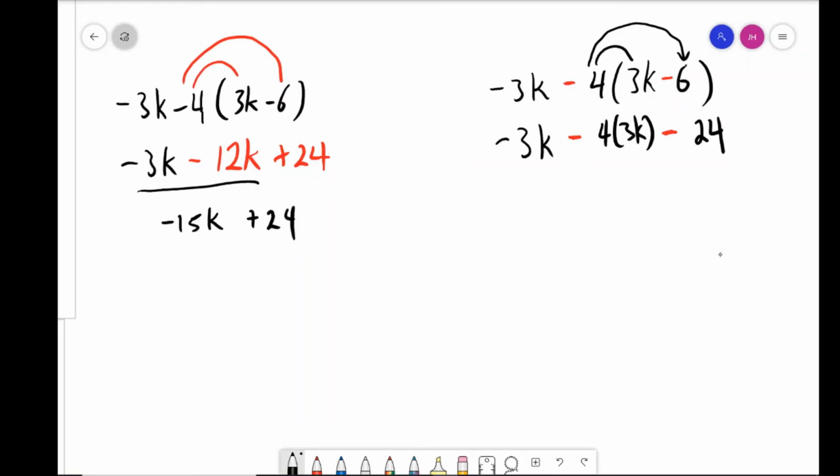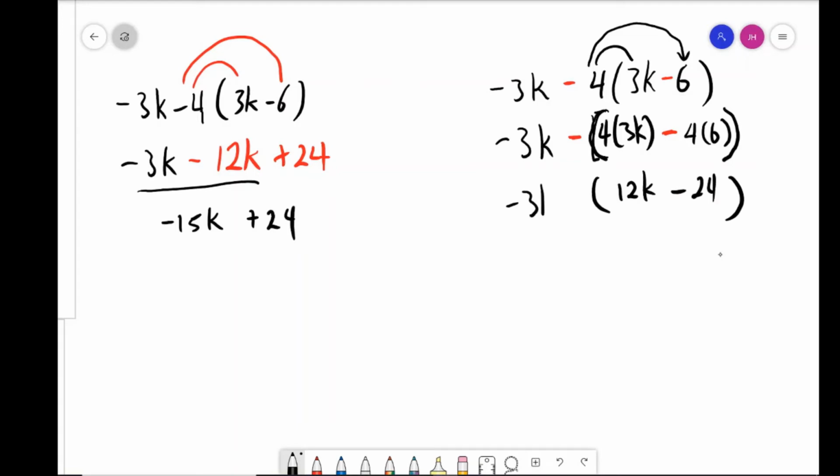But if you decide to do it this way, there's something you must be careful of, which is you have to bring down the parentheses as well for your distributions. Now, let's figure out what's going on within the parentheses. 4 times 3k is 12k minus 24.